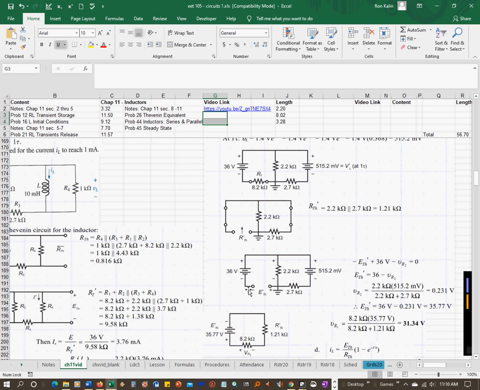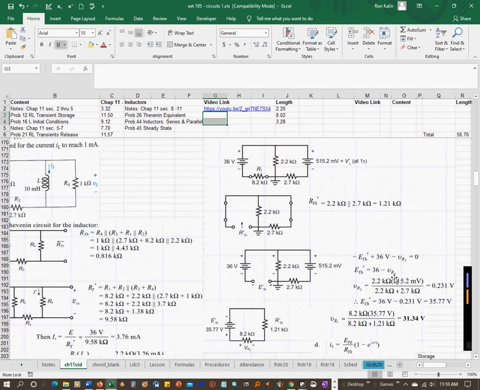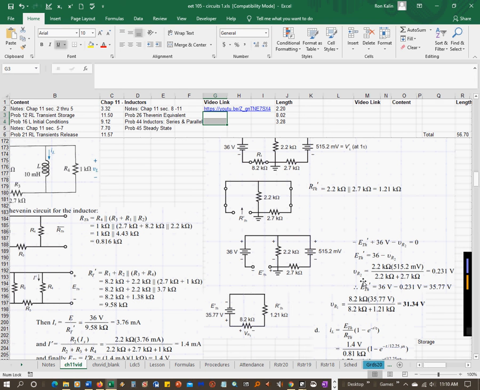So you get minus E Thevenin plus 36 minus VR2 equals 0. So you find your E Thevenin here equals 36 minus VR2, and you do a voltage divider to find out.